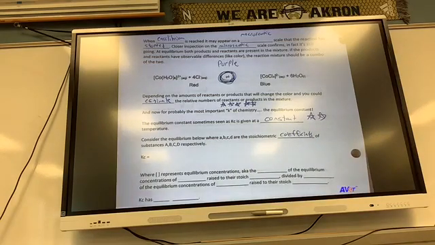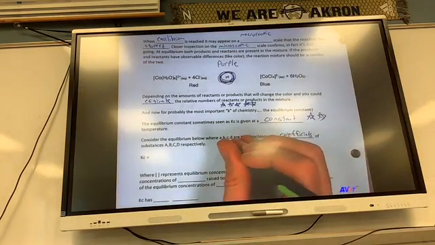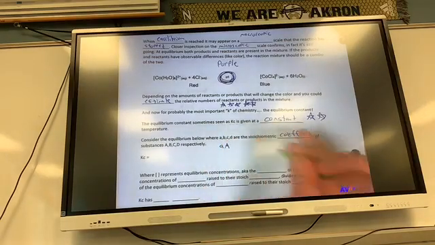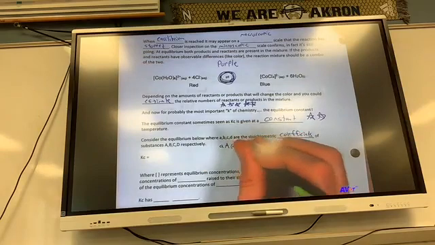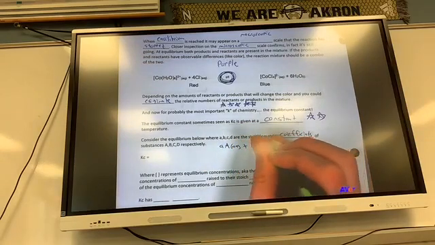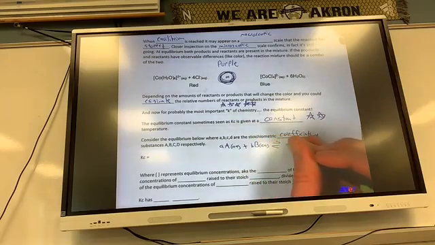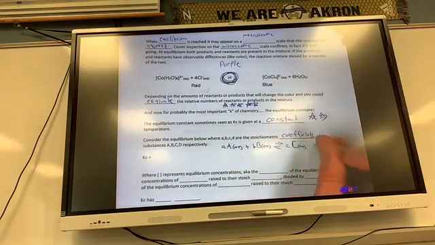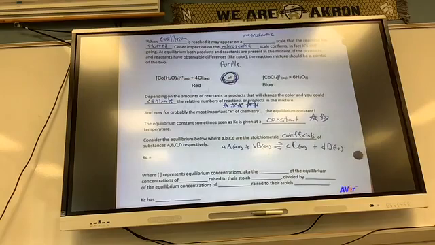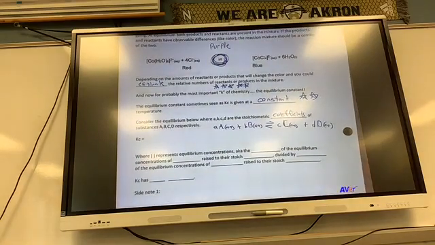So we're going to write an equation: little a, big A, aqueous, plus little b, big B, aqueous, is in equilibrium with little c, big C, aqueous, plus little d, big D, aqueous. So the lowercase letters are my coefficients. The uppercase letters are my chemicals.